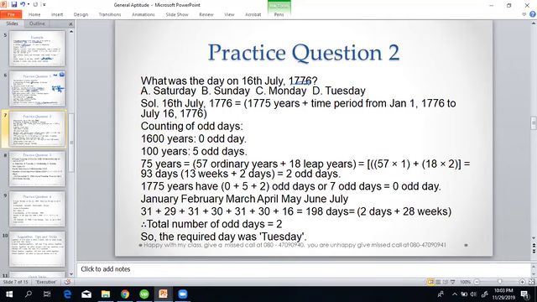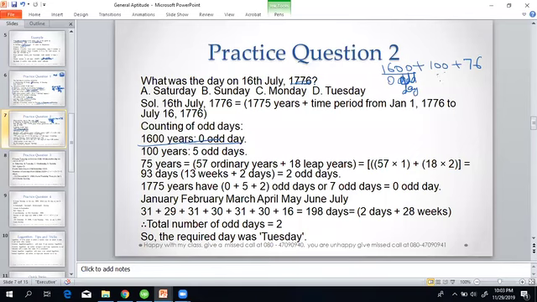So we can break 1600 plus 100 plus 76. 1600 means the complete 16 centuries, a multiple of 4, so 0 odd days. Okay, 1600 years, 0 odd days.